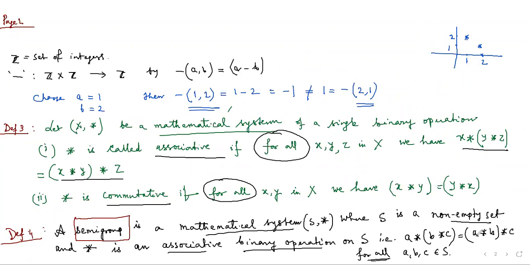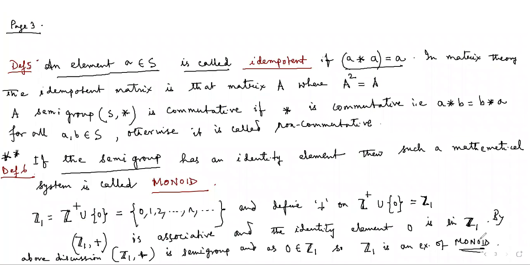Then I discussed what we mean by semi-group, which is a smaller structure than group. Idempotent element was defined, and when we call a semi-group commutative has been explained. We also explained when we call a semi-group a monoid. So you have to remember each and every definition written in these 3 pages. I'm stopping here right now. Let's join in the next.